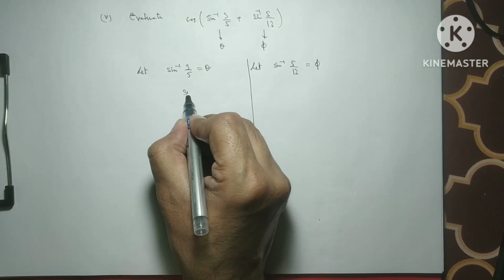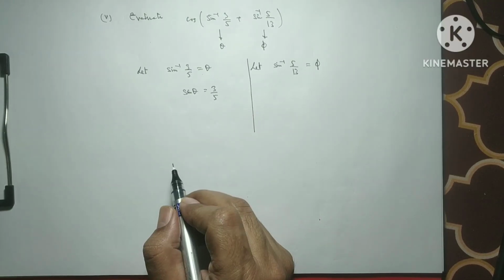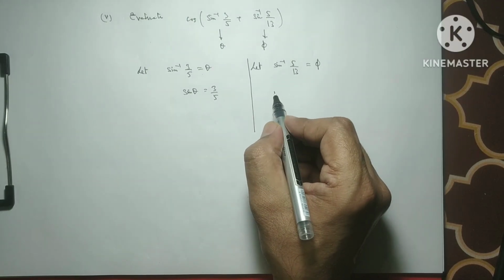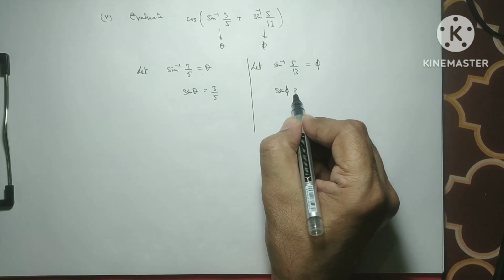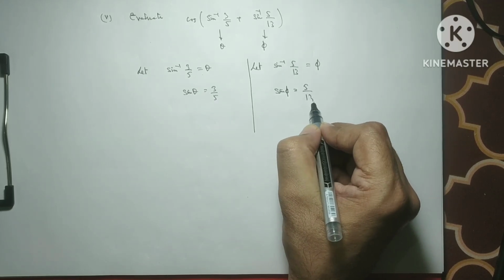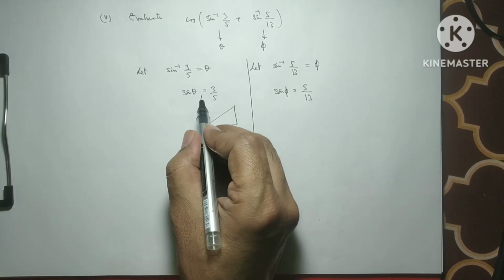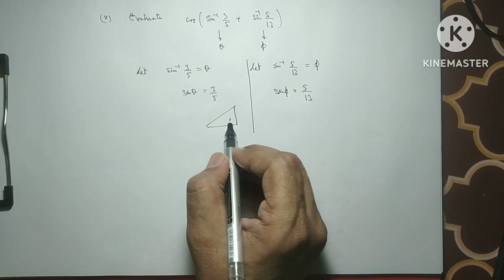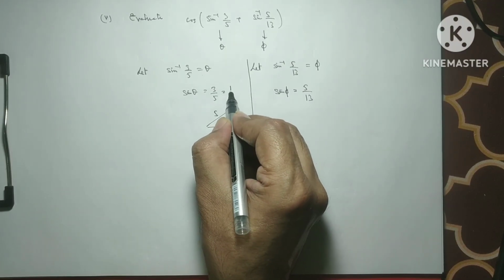It means sin theta is 3/5 and sin phi is 5/13. So draw a triangle in which, according to the sine definition, it is perpendicular over hypotenuse.